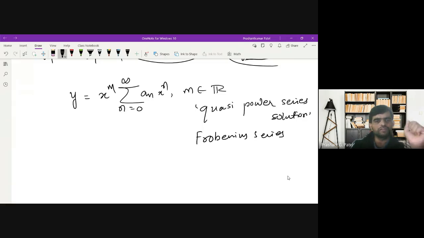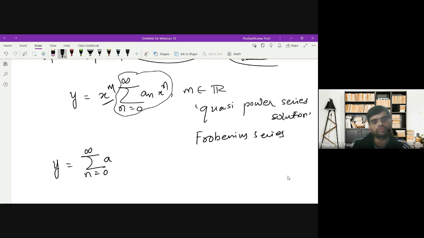It just changes the power series. This is the power series a_n x raised to n, but we have multiplied it by x to the power m. So this is actually a series of this type, summation n running from 0 to infinity a_n x raised to n plus m, where m is some real number.